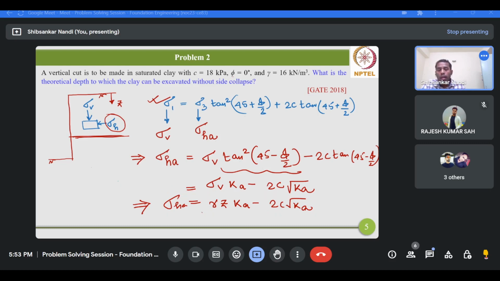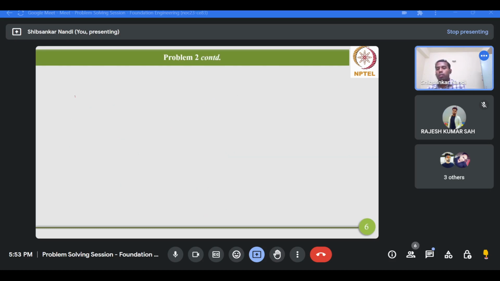Now, if this is the variation in active earth pressure along the height of the wall, then what will be the active earth pressure at the top surface of the wall? At the top of the wall means at z equals 0.